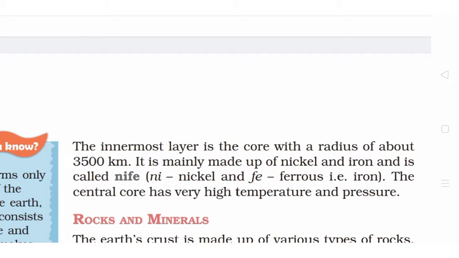Which material is it made up of? It is made up of nickel and iron. How is it called Nife? Nickel, the first two letters Ni, and iron, which is known as ferrous, so Fe. So the core is made up of nickel and iron and is called Nife.